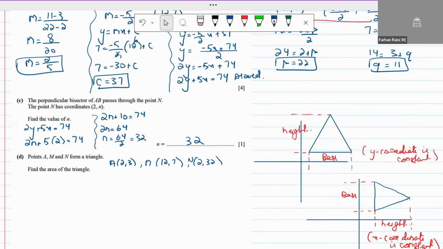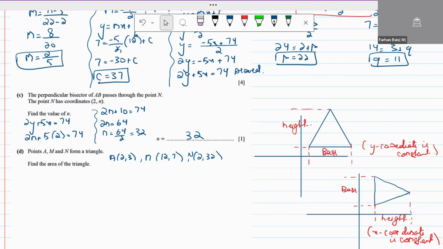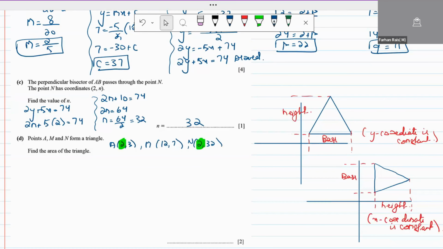So either it would be the x coordinates common for the 2 points or the y coordinates common. So here we can see we have the x coordinates common for the 2 points. A and N both have the x coordinate common, which is 2. So that means this is the case where we have the base parallel to the y-axis.